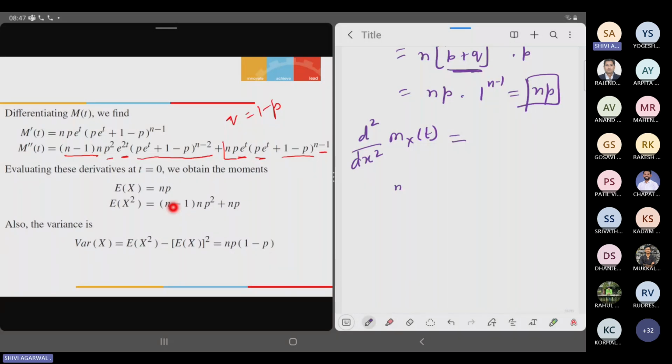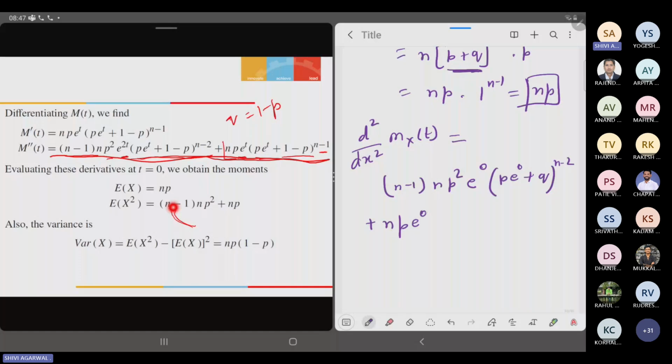Got it? Any query? So when we substitute t equal to 0 in this one, it will become n(n-1) p^2 e^0 (p e^0 + q)^(n-2) plus n p e^0 (p e^0 + q)^(n-1).